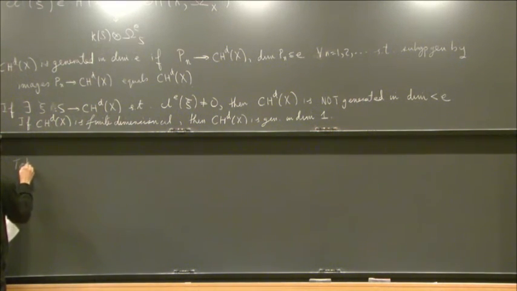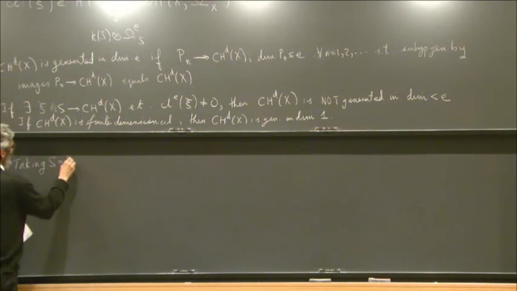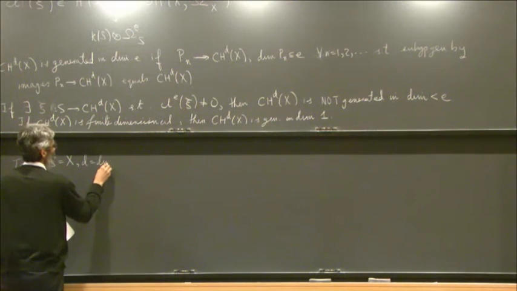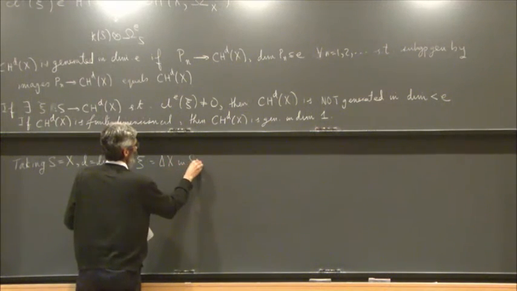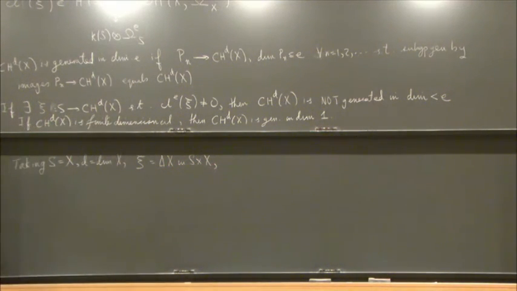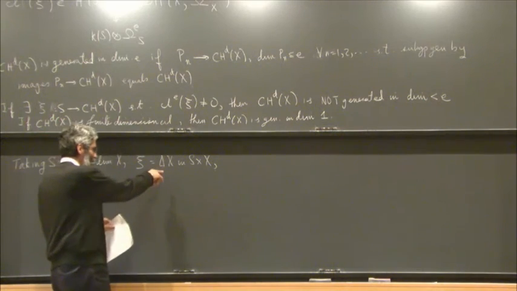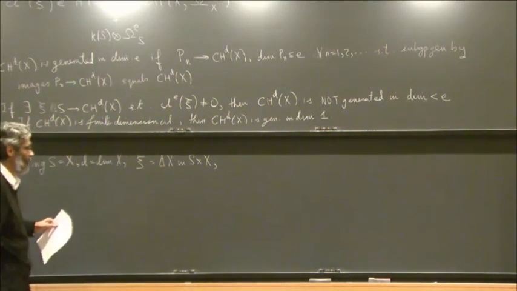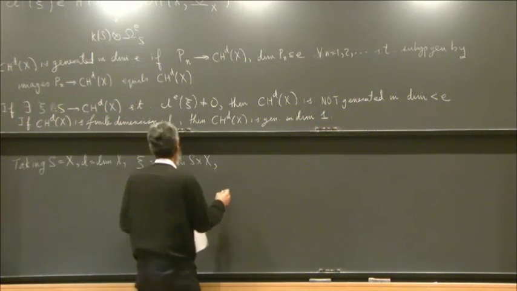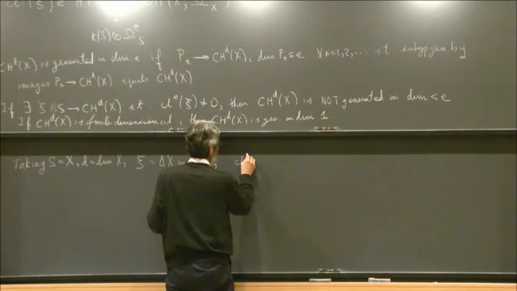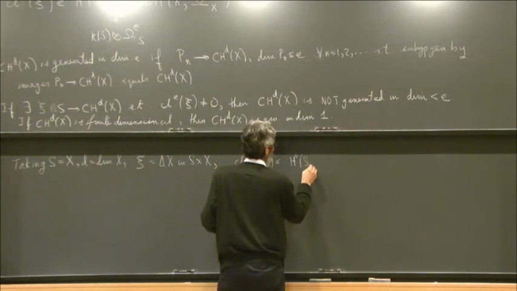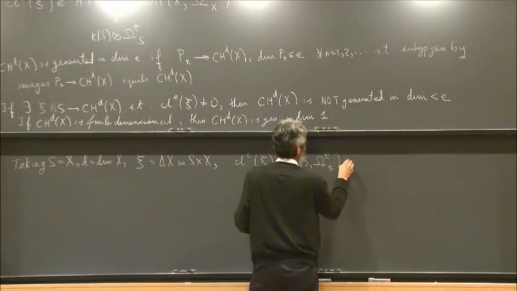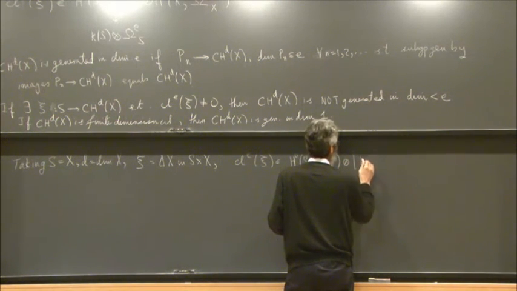So taking S equals X and D equals dimension X, and your xi to be the diagonal in S cross X. When you write down the class of the diagonal, you get it from Poincare duality with respect to Serre duality, etc. We get class E of xi is in H naught S, omega E S tensor whatever its dual is, by Serre duality.